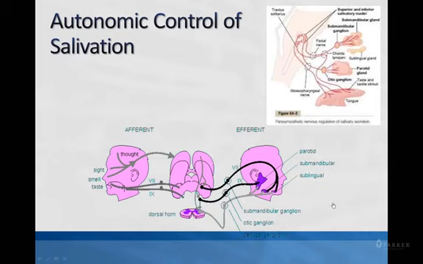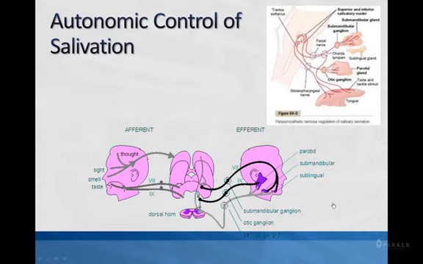So if you see something, you smell something good, something you want, you're going to start to salivate. The presence of food in your mouth will start you to salivate. Now the thing is though, if there is something in your mouth that is bad tasting, or you smell something that's not very appetizing, that actually will decrease salivation.